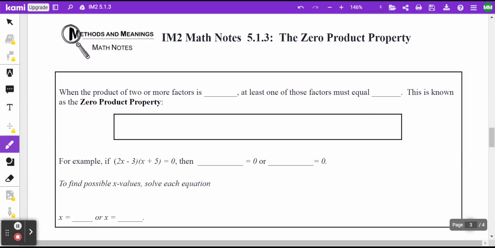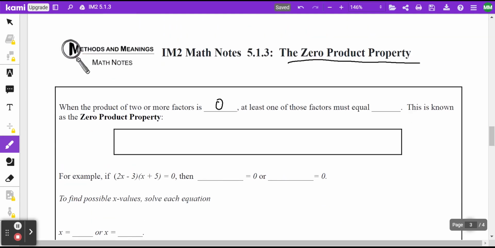Okay, so here we have our math notes. The zero product property. Now, when the product of two or more factors is 0, at least one of those factors must equal 0. This is known as the zero product property. If A times B equals 0, then A equals 0, or B equals 0, or both.